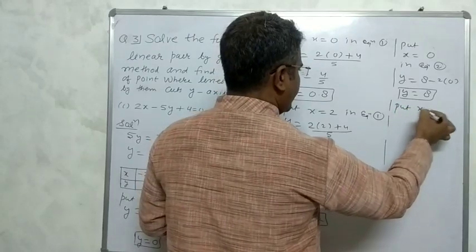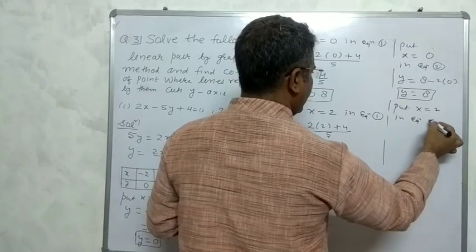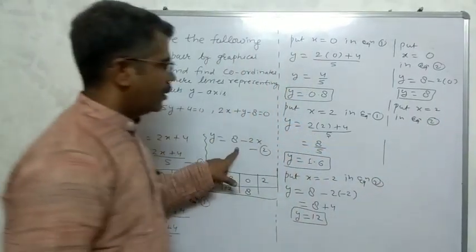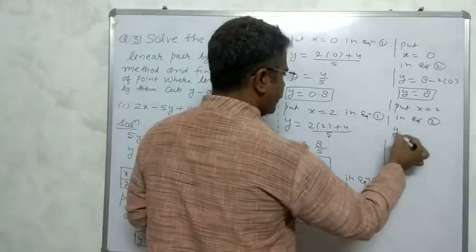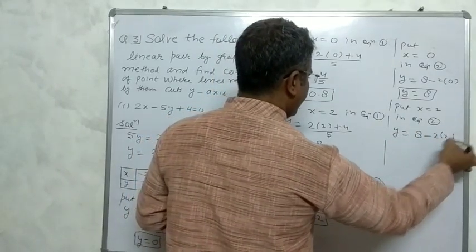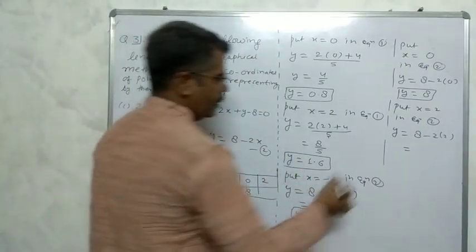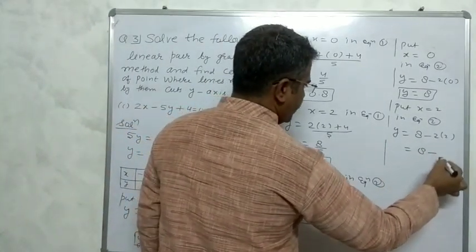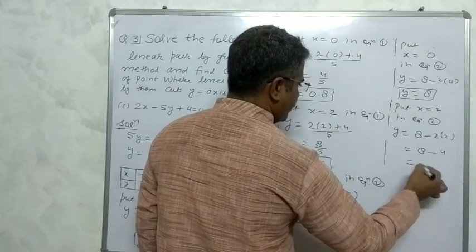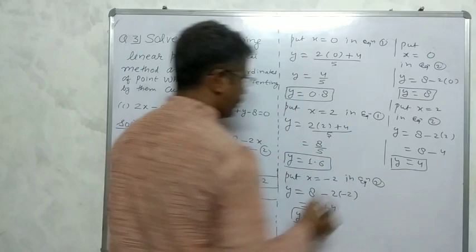Put x equals to 2 in equation second, y equals to 8 minus 2 into 2, 8 minus 4, y equals to 4.